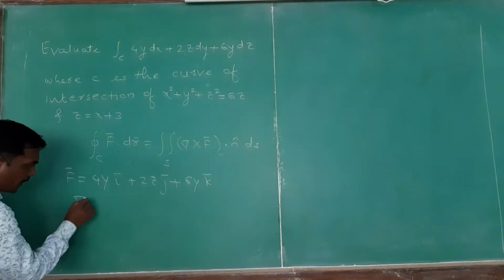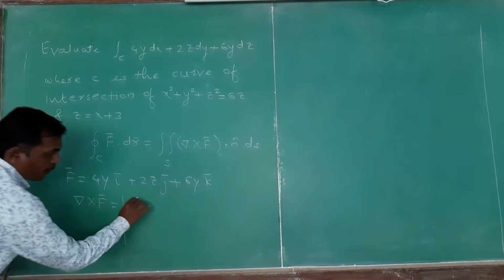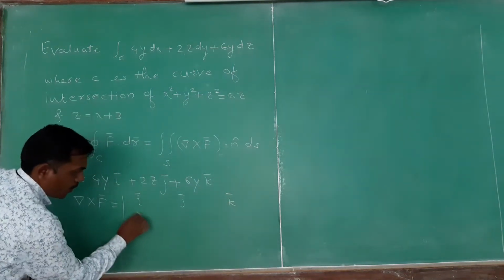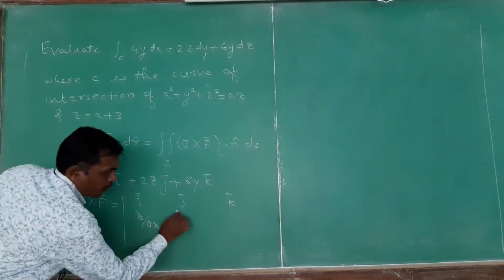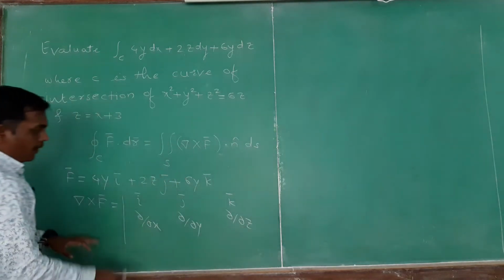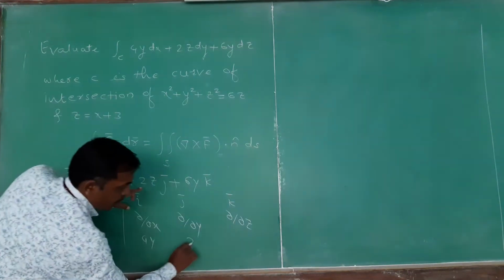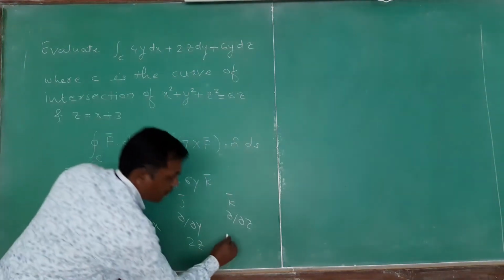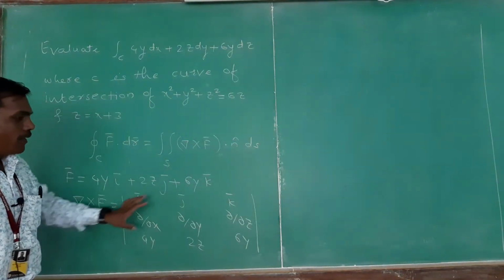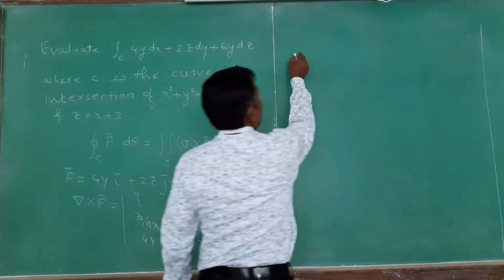So we will find that del cross f bar is equal to the determinant i bar j bar k bar, dou by dou x, dou by dou y, dou by dou z, and here f1 is 4y, f2 is 2z, f3 is 6y. So this determinant we have to evaluate. Let's evaluate it with me.